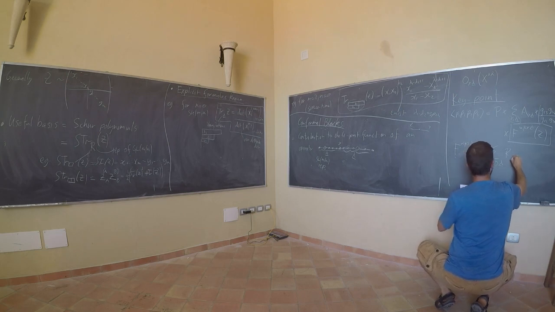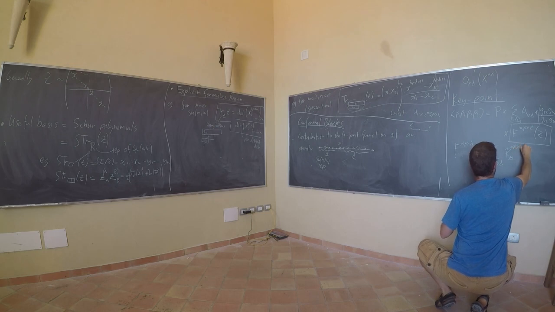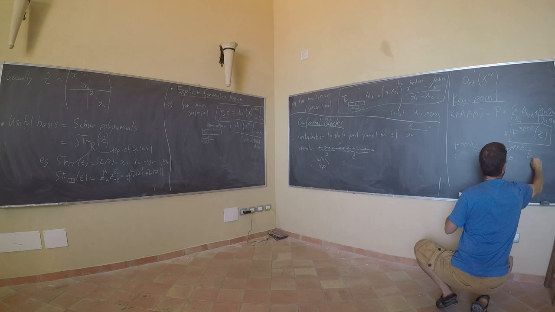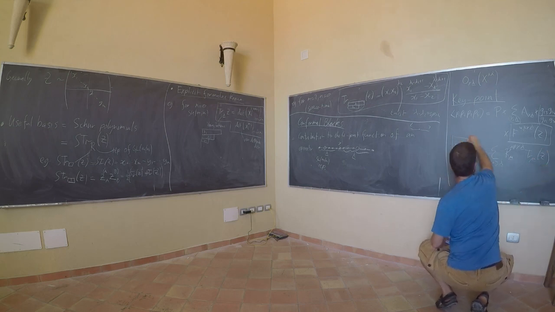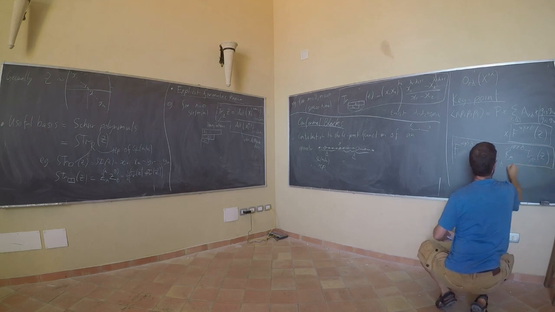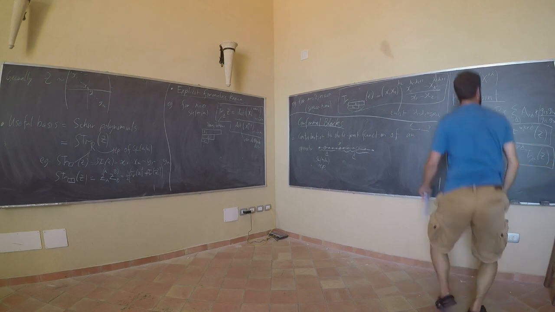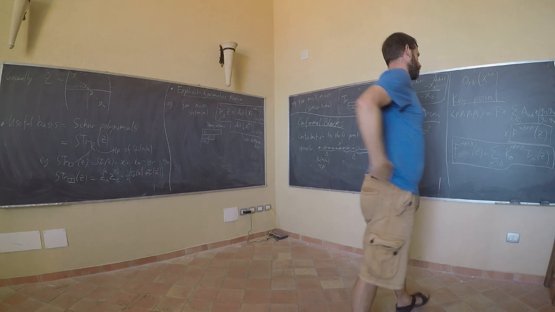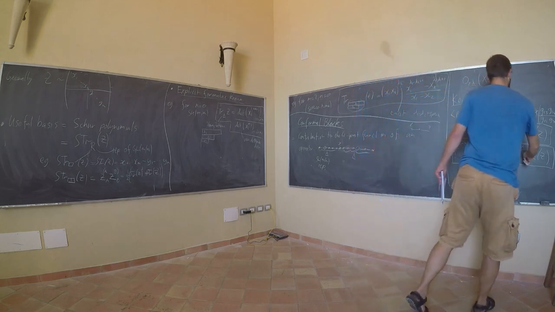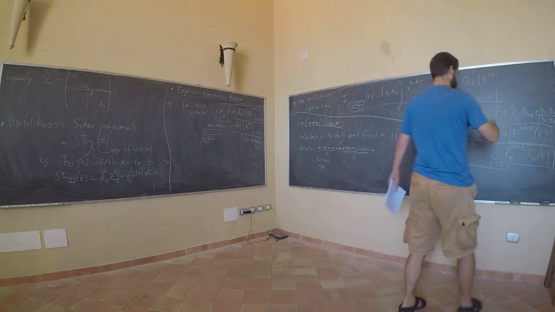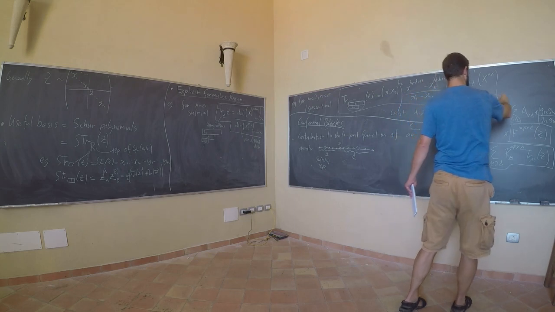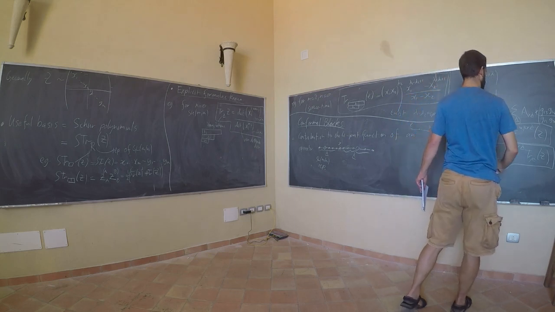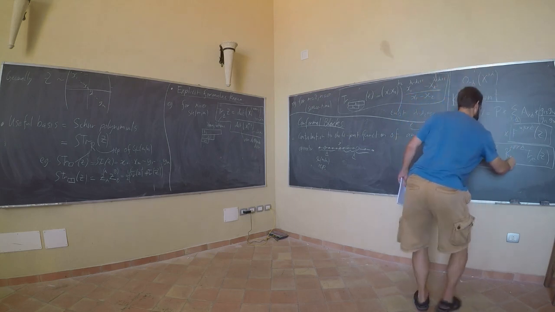And then I've got some coefficients, and then I've got the Schur polynomials. So it's an expansion in Schur polynomials. These are known, but the key point that I want to make here is that these coefficients are independent of my group.